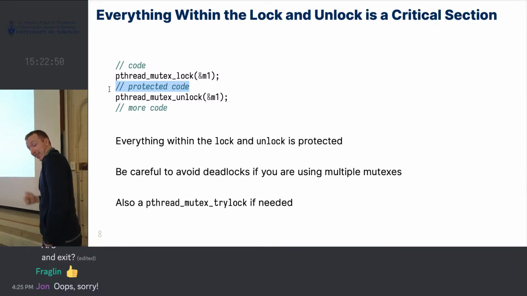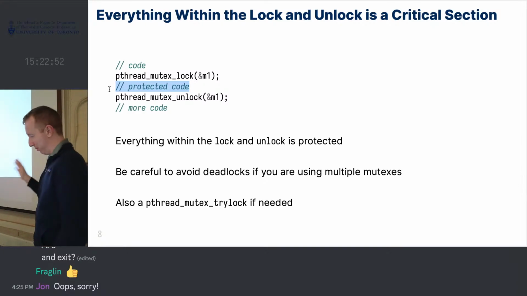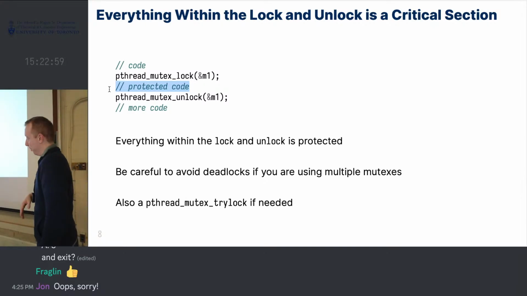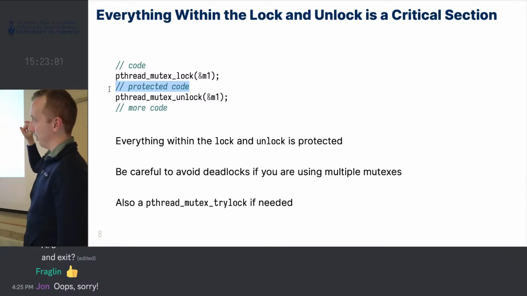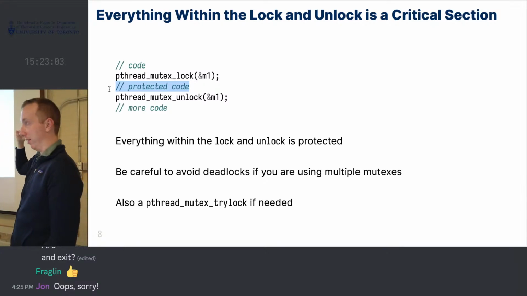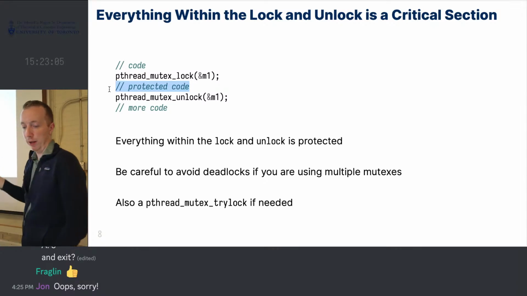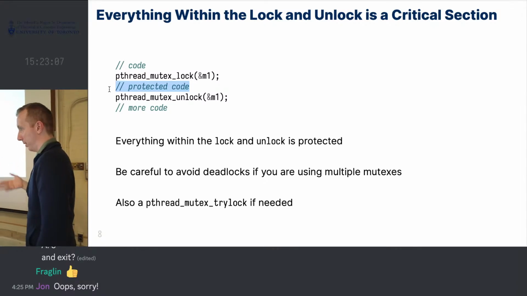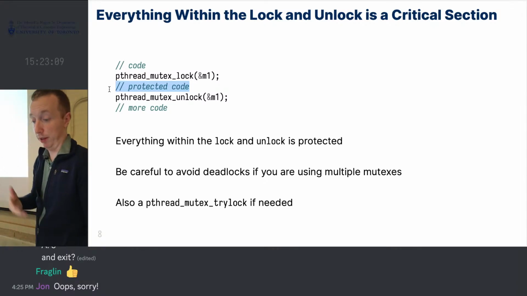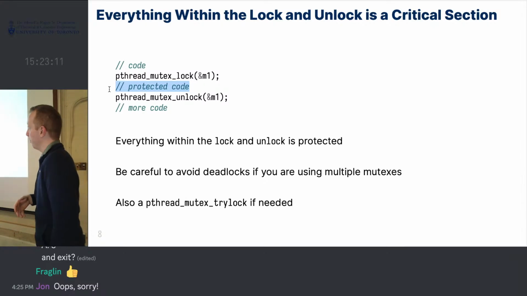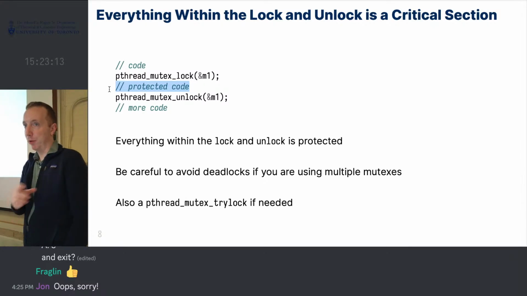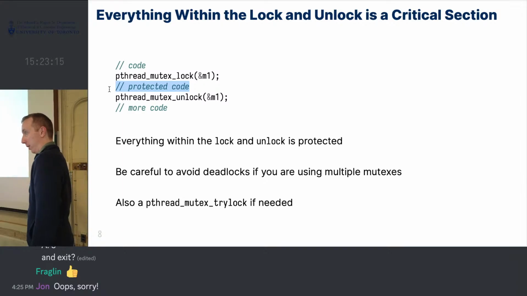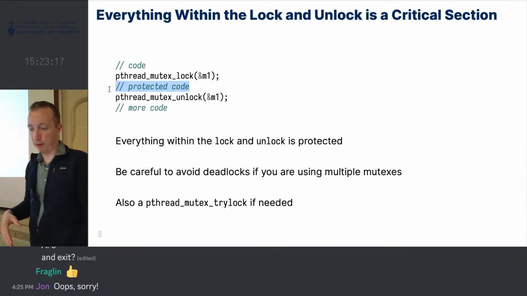And with locks, we have more problems as well. So ideally, you want that locking code to be as small as possible because essentially all the protected code runs serially, which is slow. So sometimes you might want to have multiple mutexes that protect different variables instead of reusing the same thing for everything.